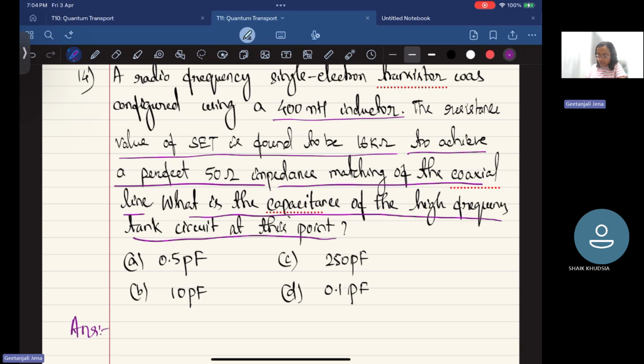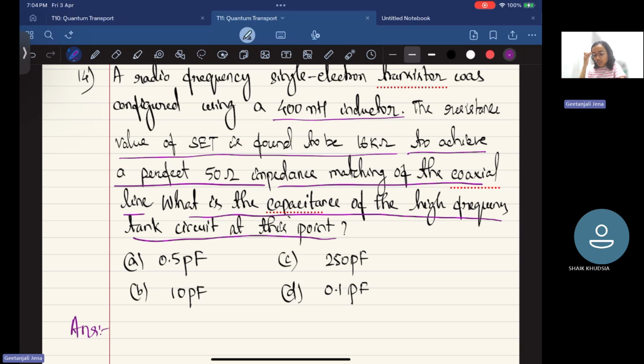So there is an impedance matching of SCT with the tank circuit as well as the coaxial line. If you recall, the SCT impedance is decided by the resistance of SCT and the inductance and the capacitance of the tank circuit.